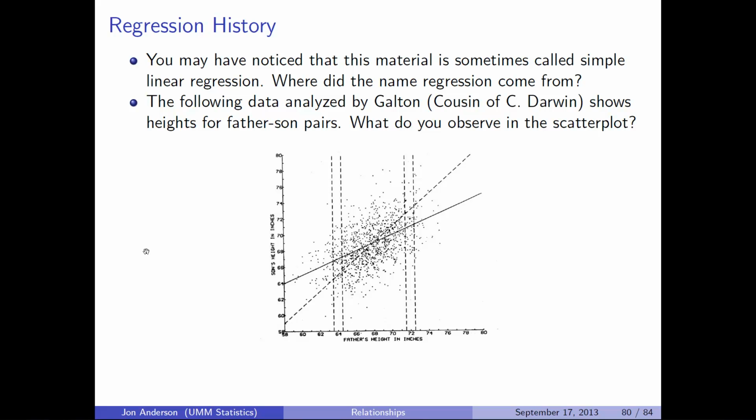One of the things that you'll notice is that we've been talking about least squares lines, and sometimes these least squares lines are called a regression line, or this whole technique is called regression. Where did this word come from?